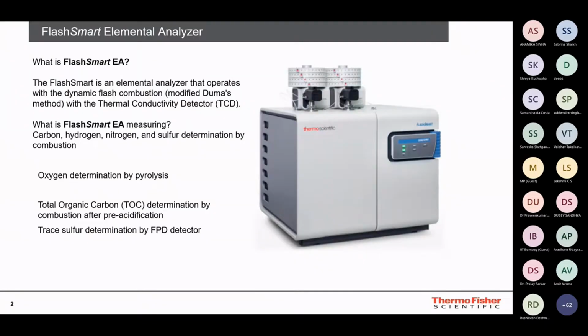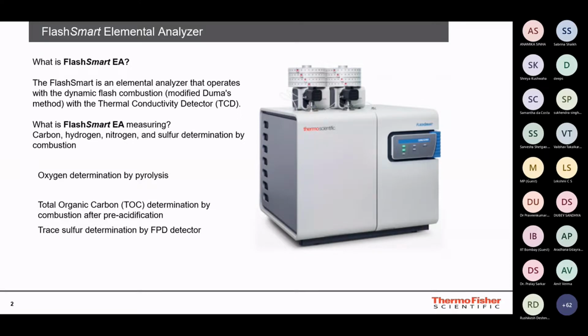Thermo has the FlashSmart instrument. This is the instrument you can see. The FlashSmart analyzer operates with the dynamic flash combustion technique, and with the help of the TCD detector you can analyze carbon, hydrogen, nitrogen and sulfur by the combustion technique. You can also analyze oxygen by the pyrolysis technique. Very small amounts of sulfur can also be analyzed with the FPD detector.